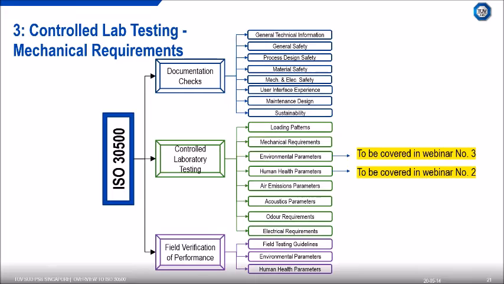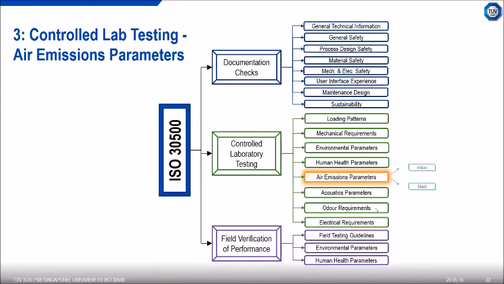So jumping into the next would be air emissions parameters. The air emissions testing is separated into 2 sections: testing of the air emissions indoor at the front end, and air emissions at the stack area. It is to be noted that the stack area is not the outdoor area or the atmospheric testing.